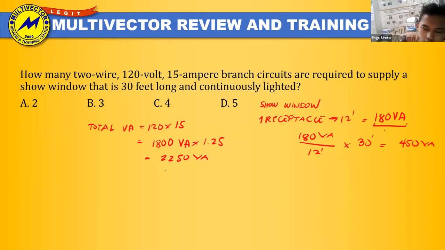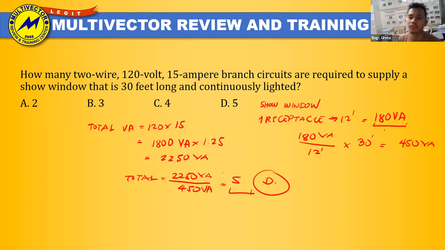Ngayon dito, yung total natin, total VA is 2,250. Per receptacle natin is 450. So 2,250 divided by 450 is 5 receptacles. So letter D, 5 receptacles.